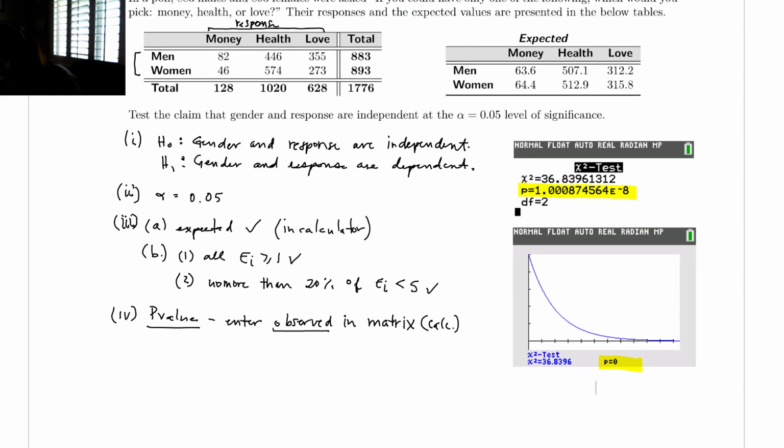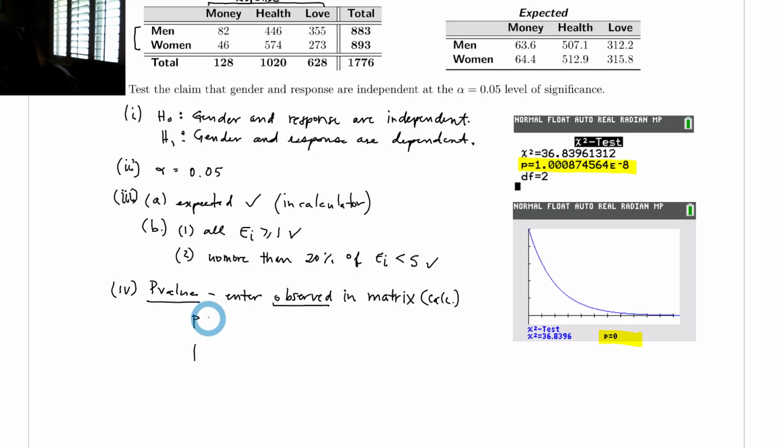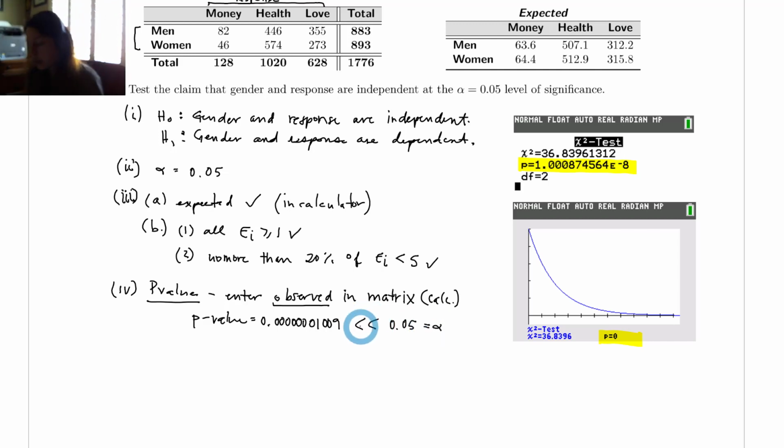Let's move up. And then so the p-value is equal to, and I'm going to go ahead and write this out so you can see how small it is, 0.0000001009, right? And the alpha was 0.05. So it is much smaller, right? Super, super small. Smaller than the alpha.